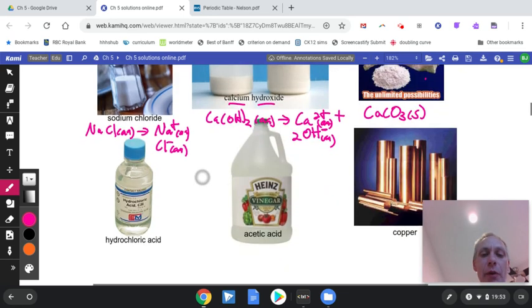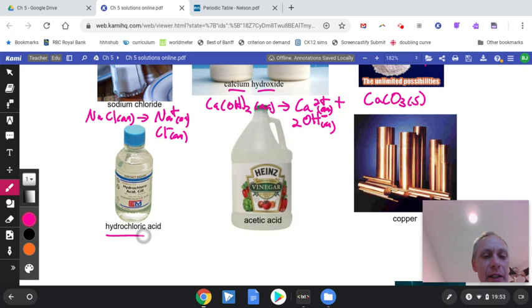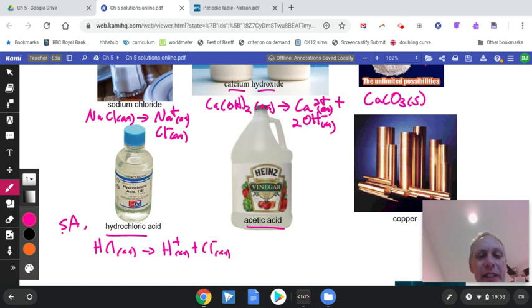Okay, moving on. Hydrochloric acid. Now, hydrochloric acid is a strong acid, SA. I know that, and I'm going to give you the chart for that in a minute. Strong acids ionize. What does ionize mean? It kind of looks like dissociate. It's a molecular compound, but it breaks apart into an H plus and a Cl minus. Now, acetic acid is, guess what the W stands for?